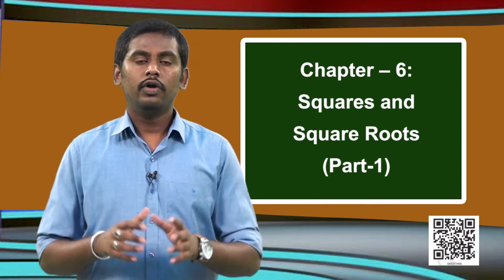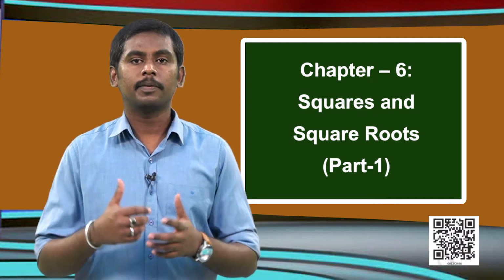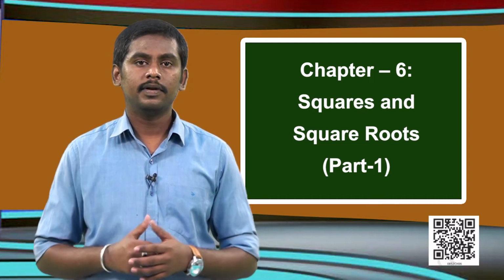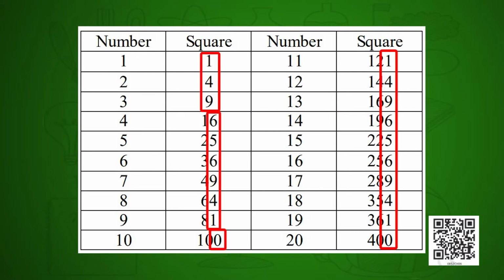Now, when you observe all these squares of the given numbers, we can try to list out some of the properties. Say for example, you can have a look at the table and observe that none of the digits in the units place will be 2, 3, 7 or 8. So, we can only see the numbers 0, 1, 4, 5, 6 or 9 at the units place.